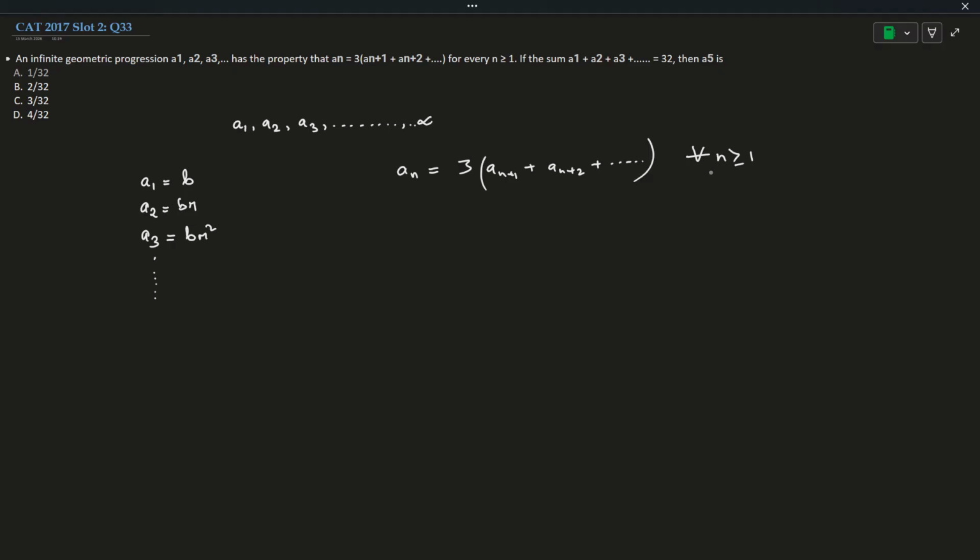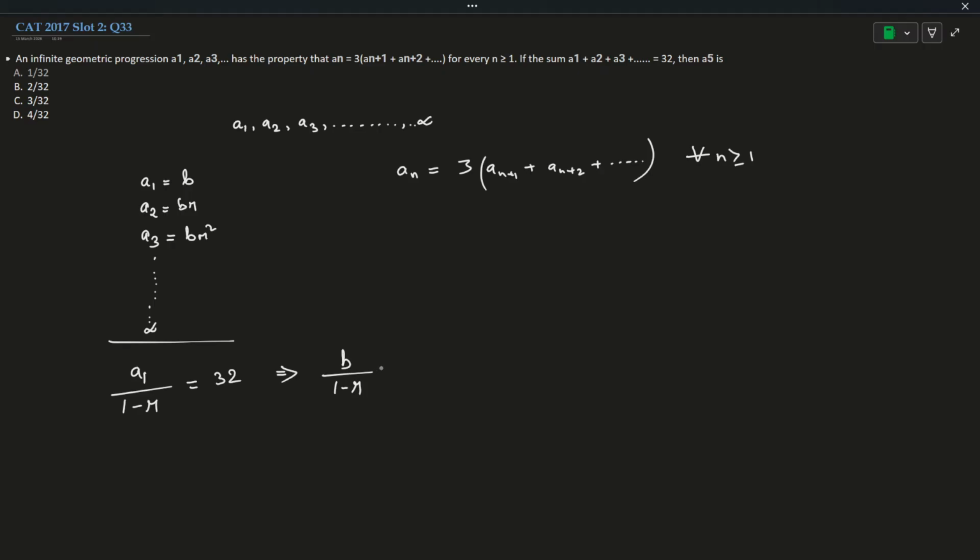It is given that the summation of the infinite geometric progression is 32. This will go until infinity, right? What is the sum of an infinite geometric progression? It is first term by 1 minus r, a by 1 minus r, is equal to 32 is the sum, right? What is a1? a1 is b.